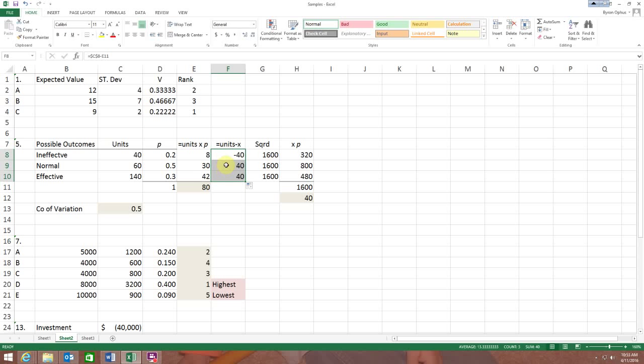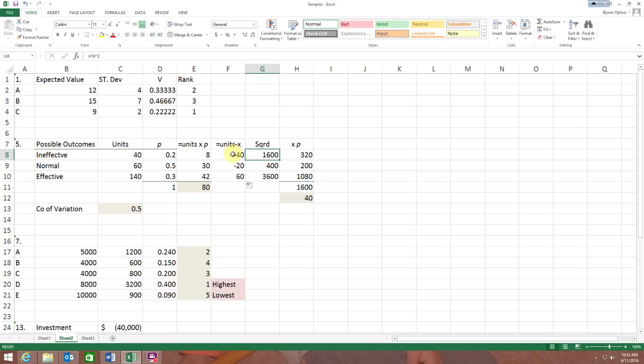Oh, my C8 isn't the one. It's my E11 that needs to be. Gosh, dang, I'm just horrible. Let's just try this again. This is equal to this minus this one, and that's the one I want my dollar signs on, so I'll hit my F4. Okay, now let's try that. There we go. Sorry about that.